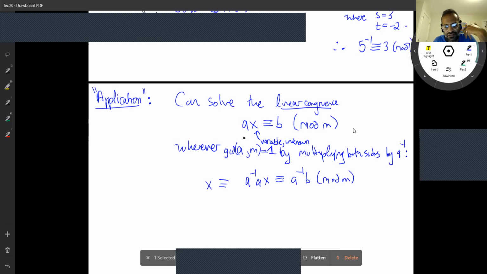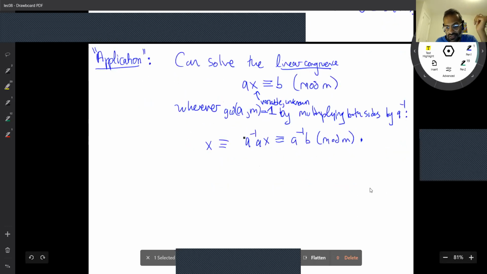You could have infinitely many solutions actually, but you can find one solution. Okay, so that's all I want to say about division modulo M, where M is a general integer.